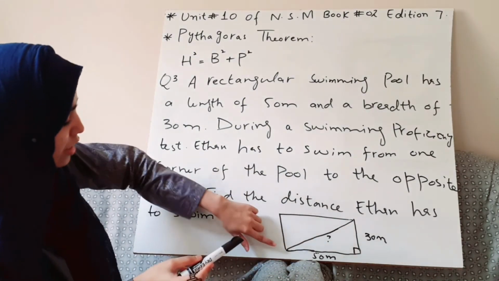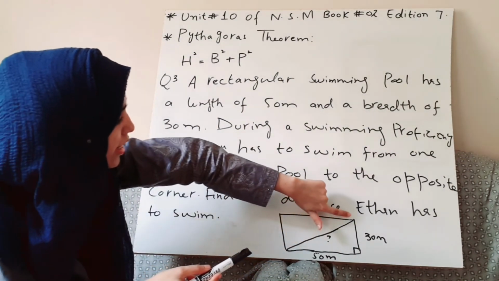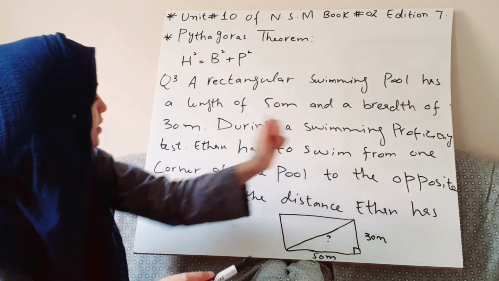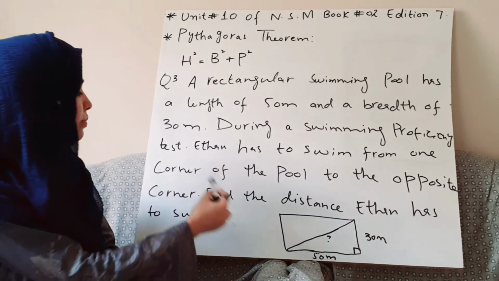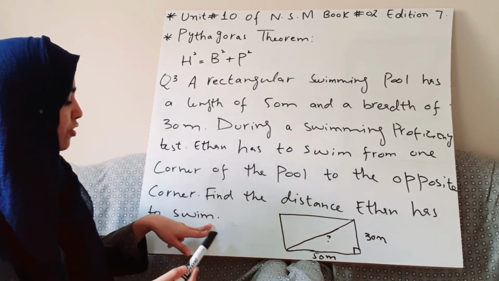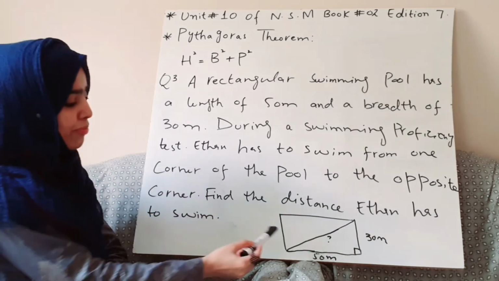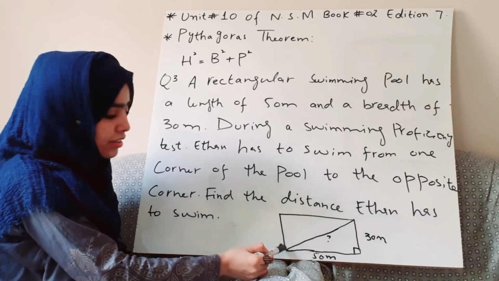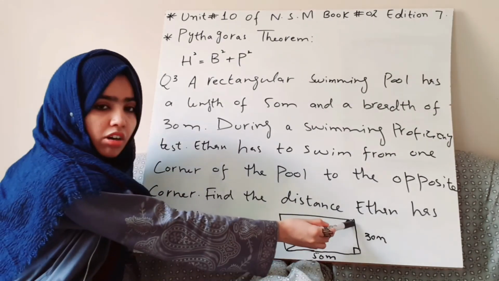It means Ethan has to swim from here to here, opposite corner. Find the distance Ethan has to swim. We have to find this length from one corner to the opposite corner.